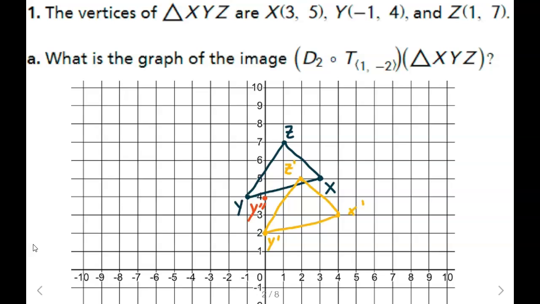x prime is currently 4, 3, so double each coordinate. That'll be 8, 6. And then let's see, z prime is 2, 5, so z double prime will be 4, 10.